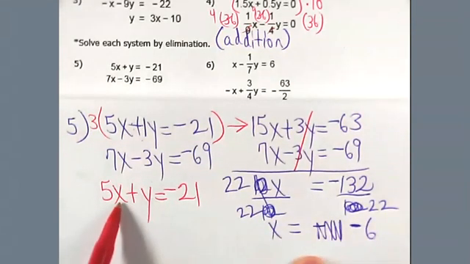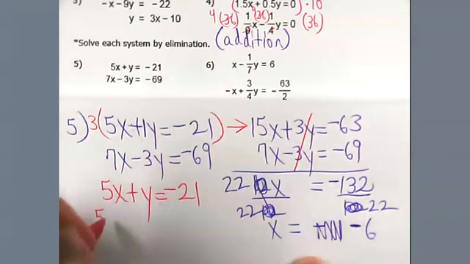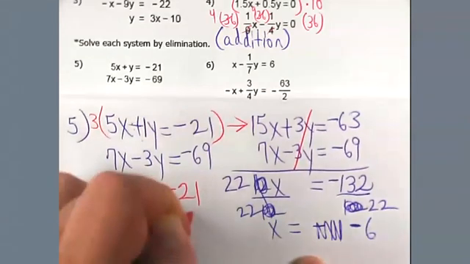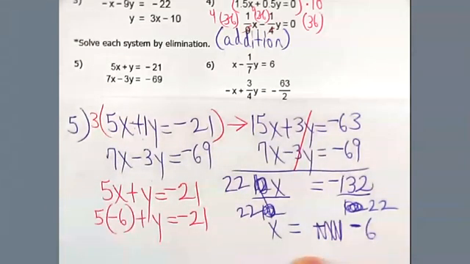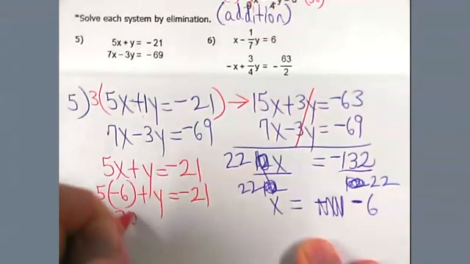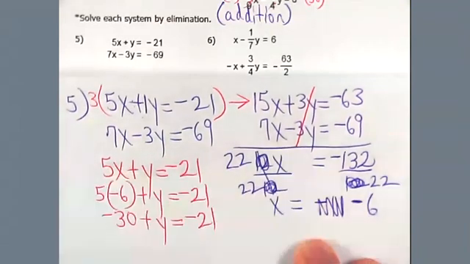Wherever you see an x, replace it with this negative 6 we just got. So we have 5 times negative 6 plus y equal to negative 21. And that gives us negative 30 plus y equal to negative 21.